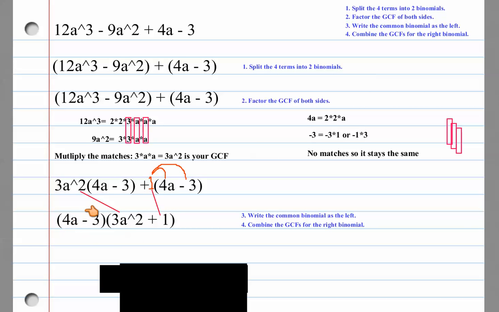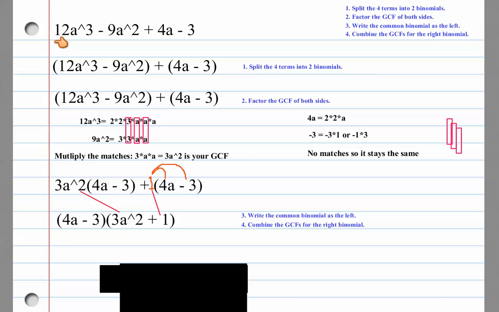So we do 4a times 3a squared, and that gives us 12a to the third, because 4 times 3 is 12, and a times a squared is a to the third. And then 4a times 1 will give us 4a, so that's our 4a right here. And then negative 3 times 3a squared, that gives us our negative 9a squared right here. And our last is negative 3 times 1, which is negative 3.